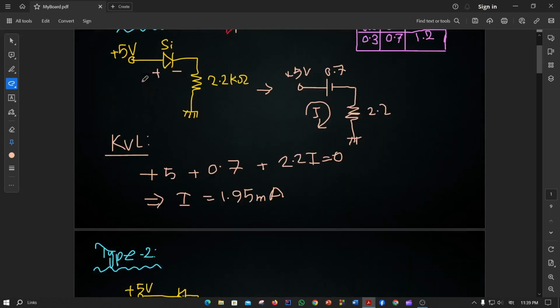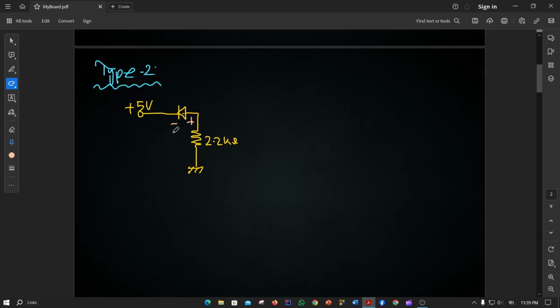In type 1 forward bias happens, in type 2 reverse bias happens. After reverse bias, the diode will be open. So I draw the alternative circuit. The circuit will be open.